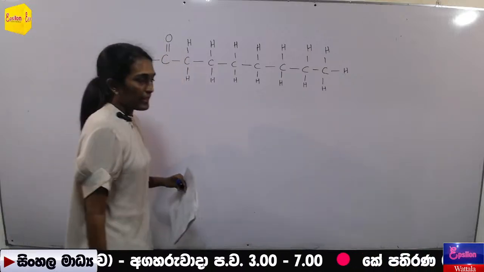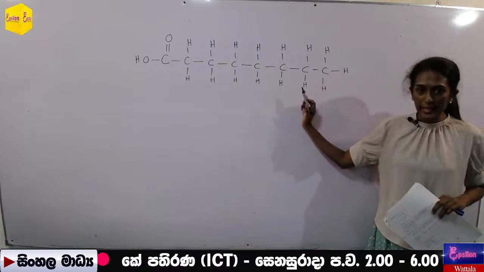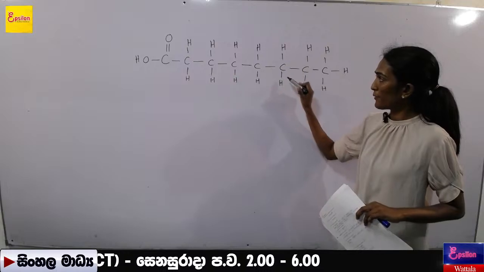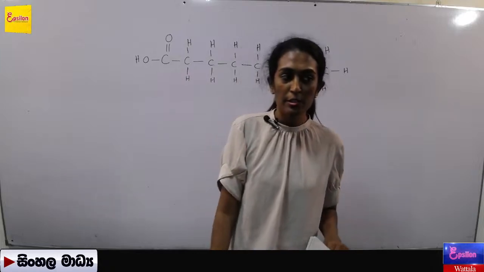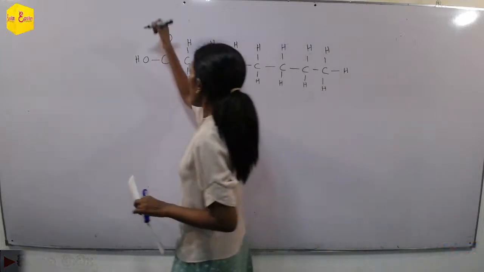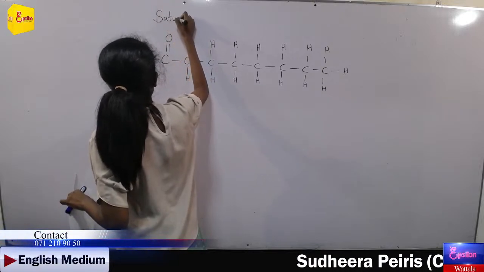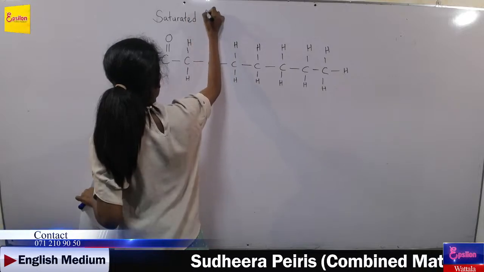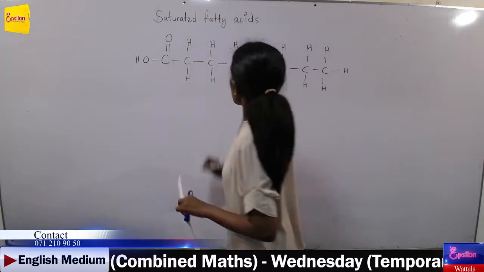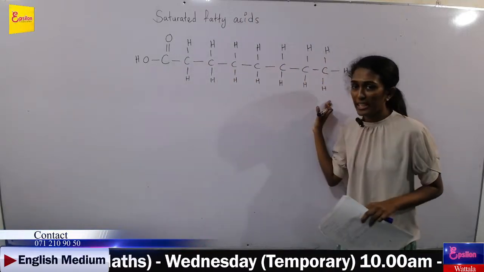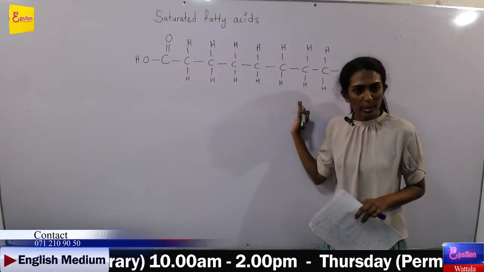Here you can see that only single bonds are available between these carbon atoms. That means all four bonds are fulfilled here. This molecule is happy. No more space to get more hydrogen into the molecule. Since this is happy, we call it a saturated fatty acid. So, what are saturated fatty acids? Fatty acids which have a hydrocarbon chain with only carbon-carbon single bonds, no double bonds.